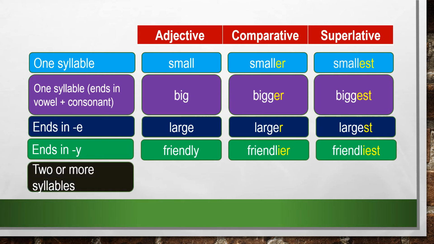For adjectives with 2 or more syllables, we add more and most before the adjective to form comparative and superlative adjective. Untuk adjektif yang ada dua atau lebih suku kata, kita tambah perkataan more, M-O-R-E, dan most, M-O-S-T untuk membentuk comparative dan superlative.